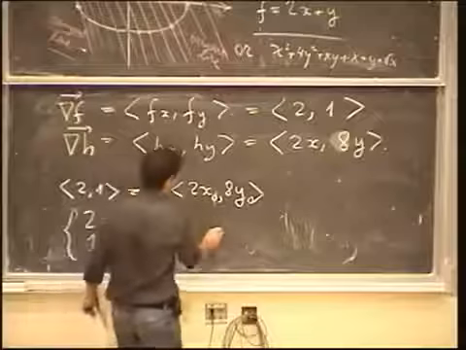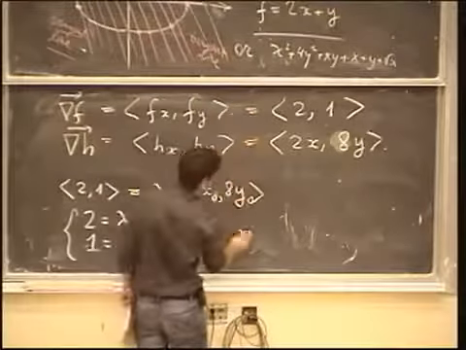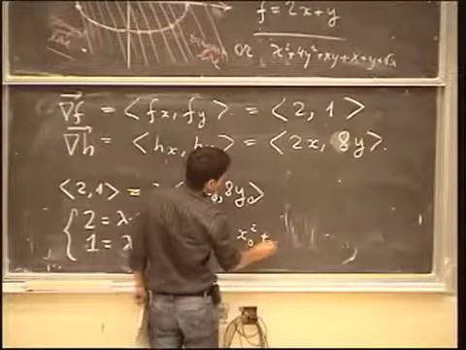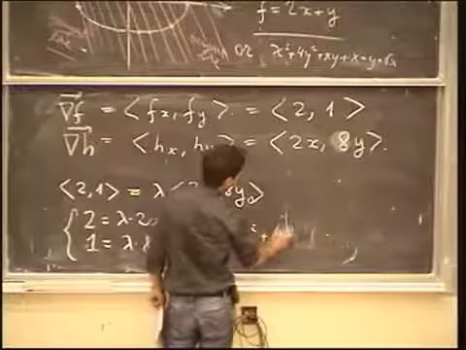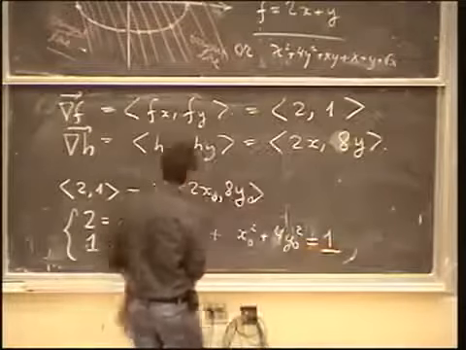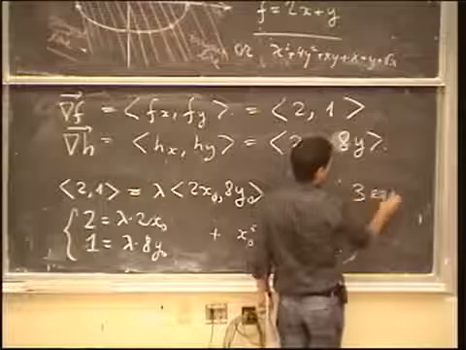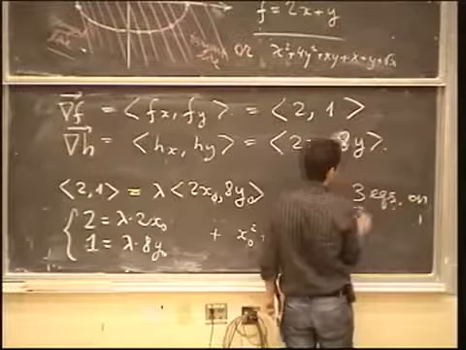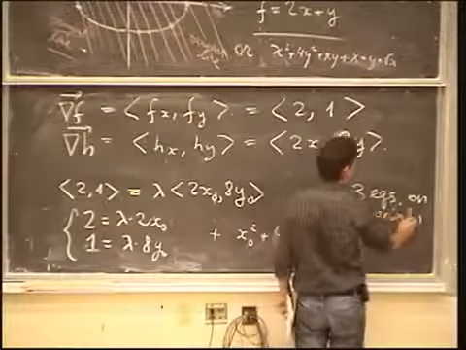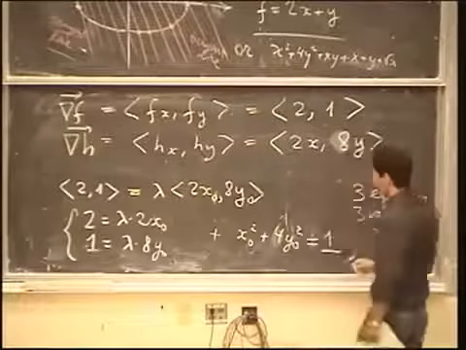So we have to add one more equation, which is the equation of that curve, which is x0 squared in this case, plus 4y0 squared equals 1. So in fact, you have three equations on three variables, x0, y0, and lambda.